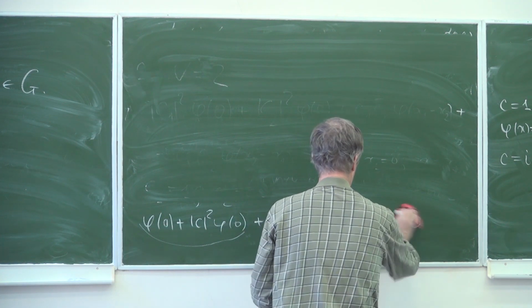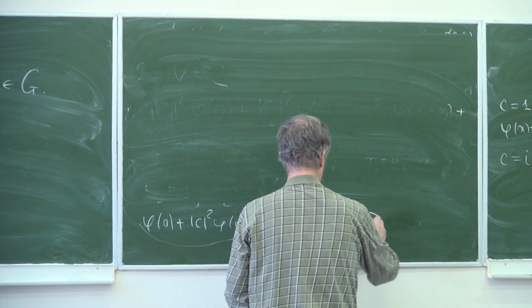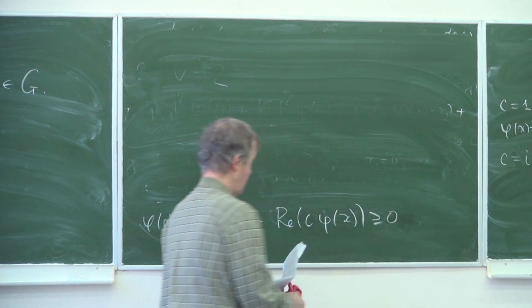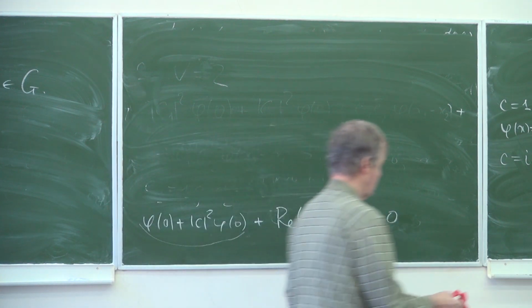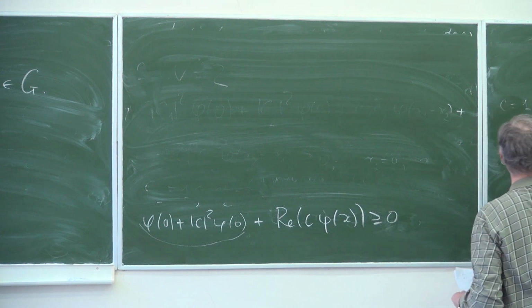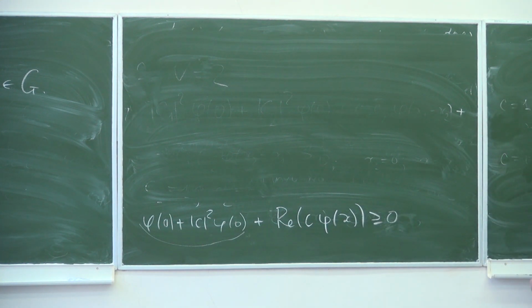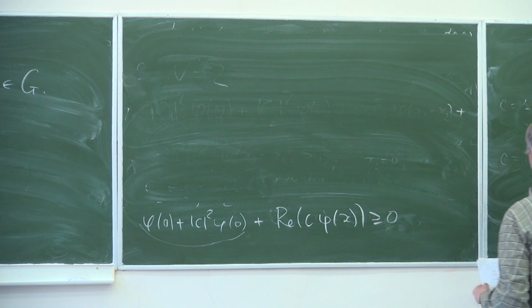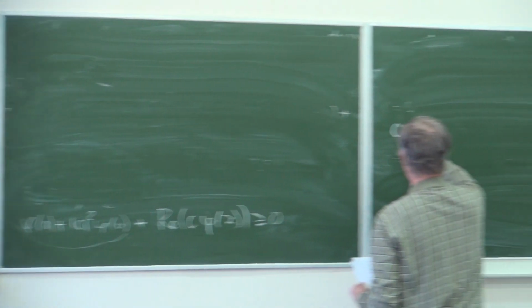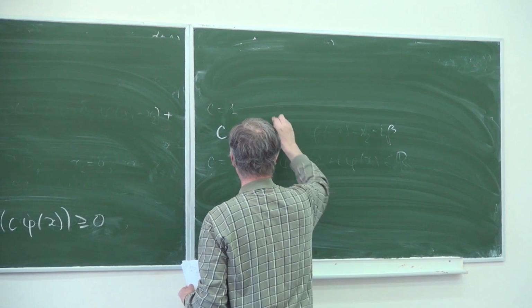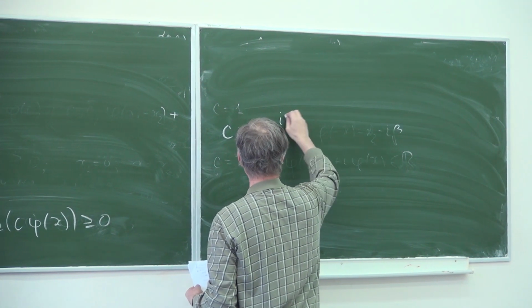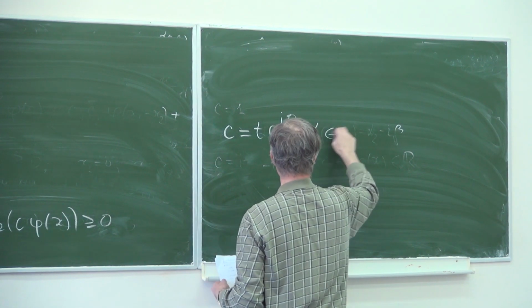Yes? And so this is greater than or equal to 0. And now for C we take this time an arbitrary complex number, C equal to T e to the power I theta, where T is a real.